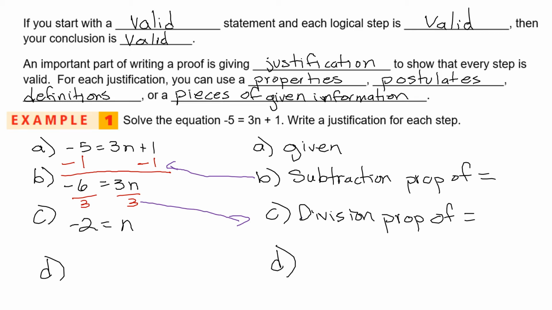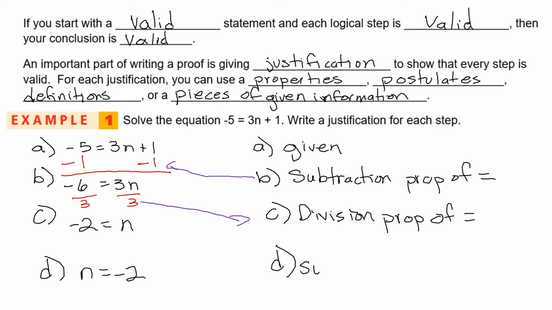Now, you could stop at that point, but if there is an extra line on your paper and you haven't filled it in, you need to do what we're going to do next. You need to flip. So it's n equals -2. And what property would we say that was when we flipped them?